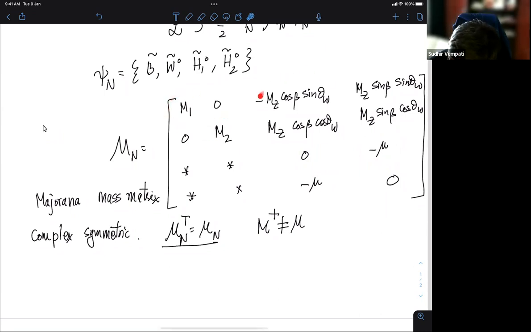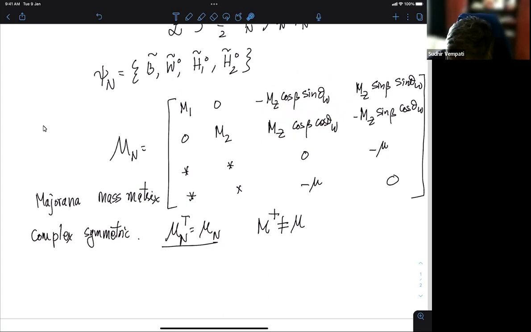After electroweak symmetry is broken, you have these terms, which are generated and proportional to Mz.